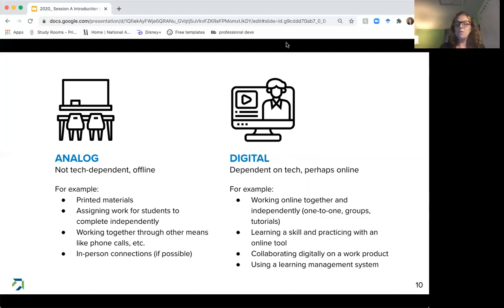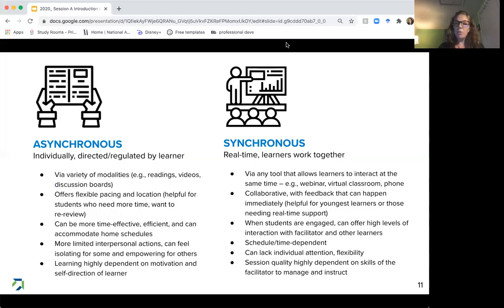Digital oftentimes means we're depending on the technology to foster the interaction between the student and the content. So that's working online together or independently, learning a skill and practicing it on a tool, or collaborating digitally on a work product.